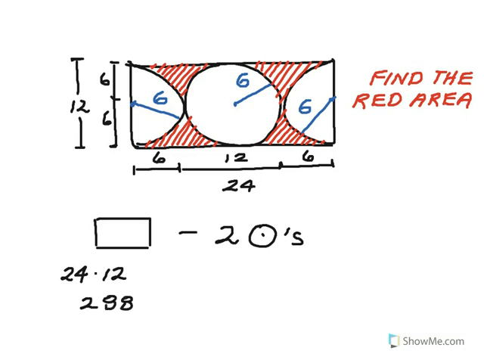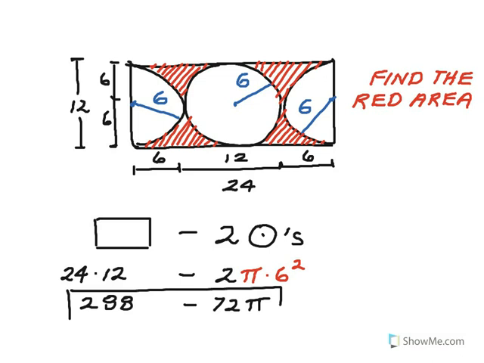square units. As for the area of my 2 circles, the area of each of them is pi times 6 squared. So that's 2 times 36, which is 72 pi. That would be the area, if I leave it in terms of pi, of the circles.